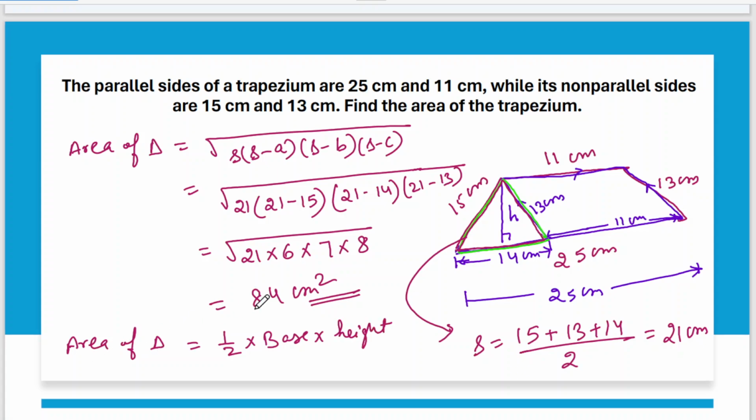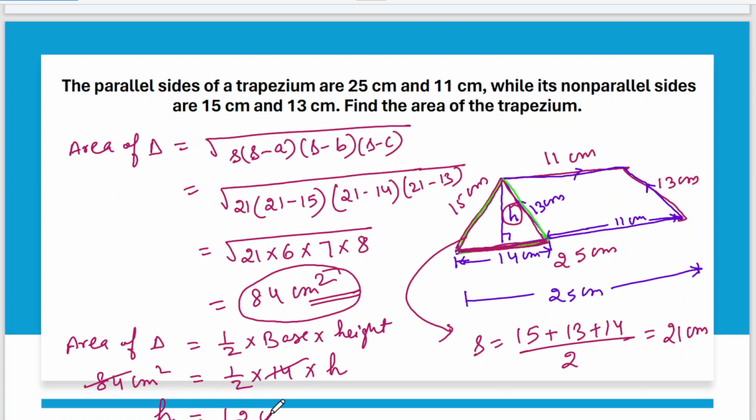So we have calculated the area of triangle, and this is 84 centimeter square. So I will write this 84 centimeter square equal to half into, what is the base of this triangle? The base of this triangle is 14. So 14, and height we have taken it as h. Okay. Now after calculation you will get h equal to 12 centimeter.